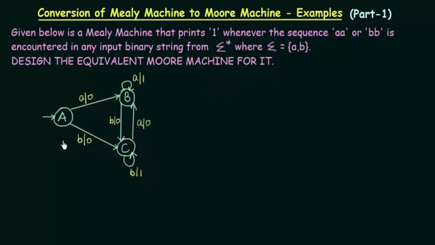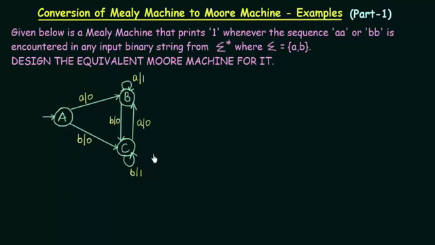So we have a Mealy machine given here, and we already designed this in one of our previous lectures. And what this Mealy machine does is that it will print 1 whenever the sequence AA or BB is encountered in any input binary string. So we have input binary strings from A and B, and whenever this sequence AA or BB is encountered, it will print a 1.